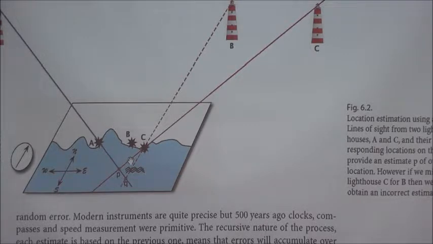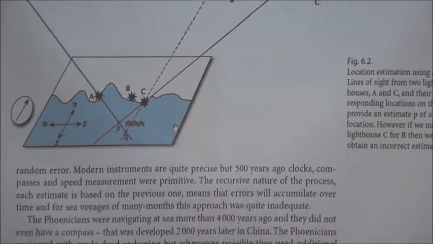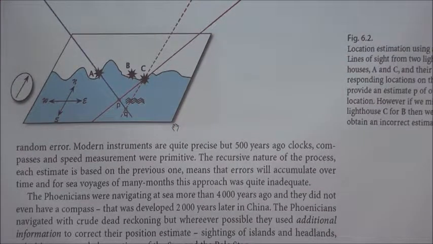However, if the captain makes a mistake and actually sees this instead of this, the line of sight is here, and then the intersection is going to be point Q. So you already have an estimation error, the distance P to Q. So that is the issue with respect to localization.